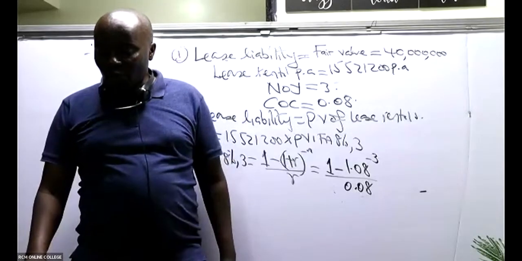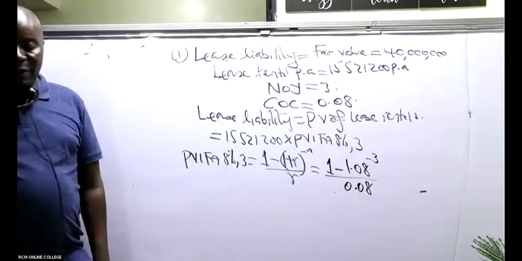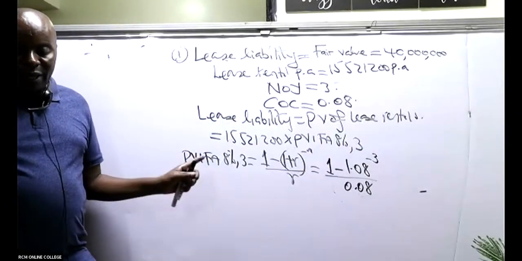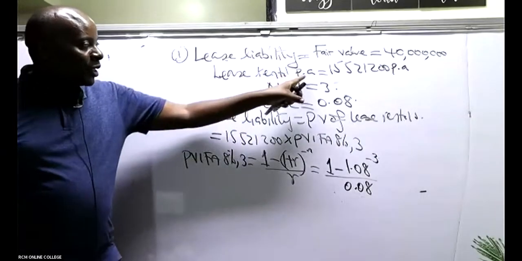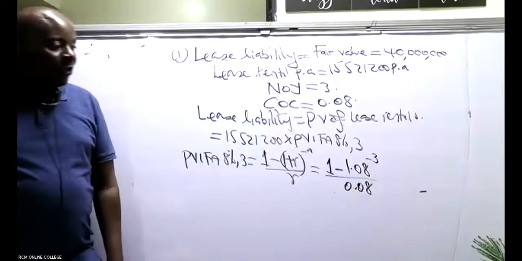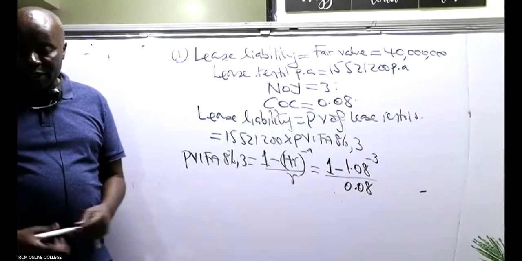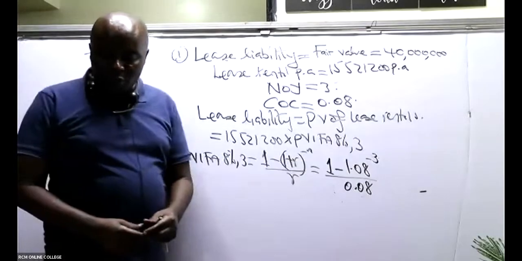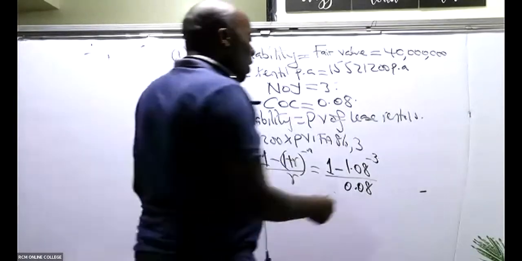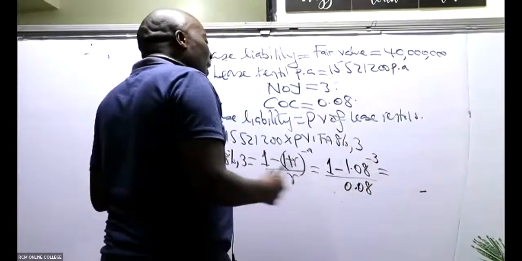So is there somebody who is able to give us this answer for PV, present value, interest factor of an annuity? Remember, this figure is an annuity because it's a per annum figure. Can you kindly try this time round to provide this figure to 8 decimal places?